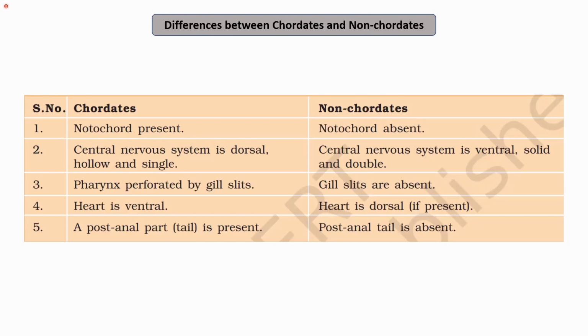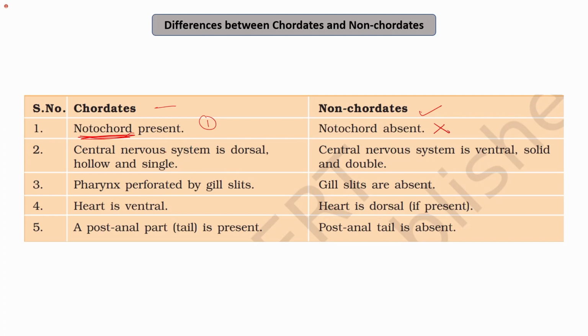So, what are the basic differences between the chordates and the non-chordates? Till the last lecture, we were learning about the non-chordates. From today, we have started with the chordates. The first and foremost thing is the notochord, which is a cord-like, string-like structure present dorsally in the chordates, while the notochord is absent in the non-chordates.